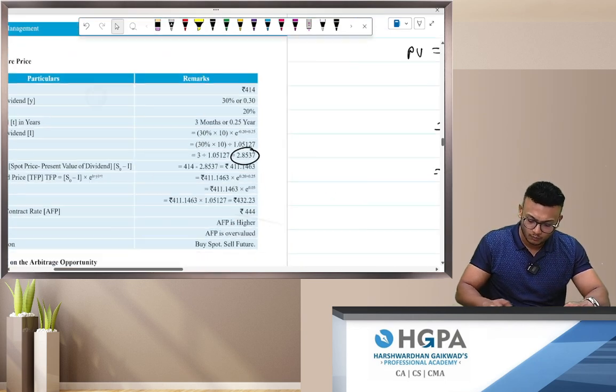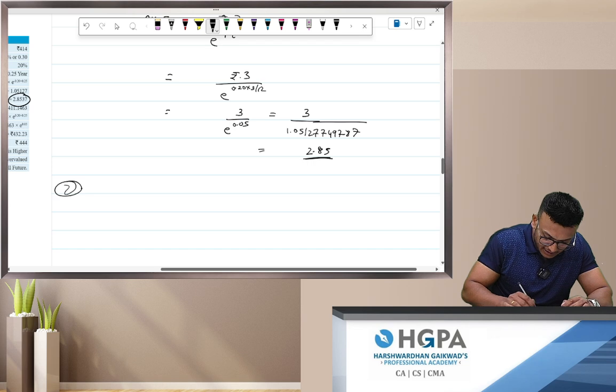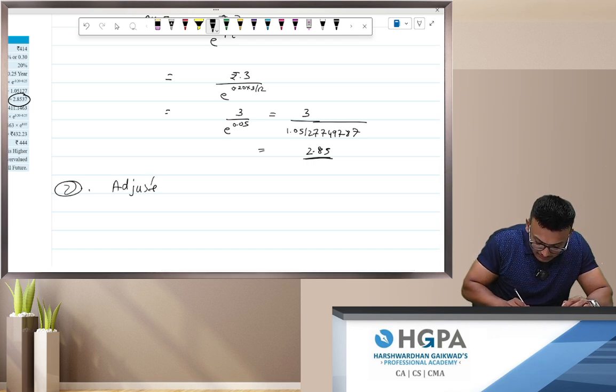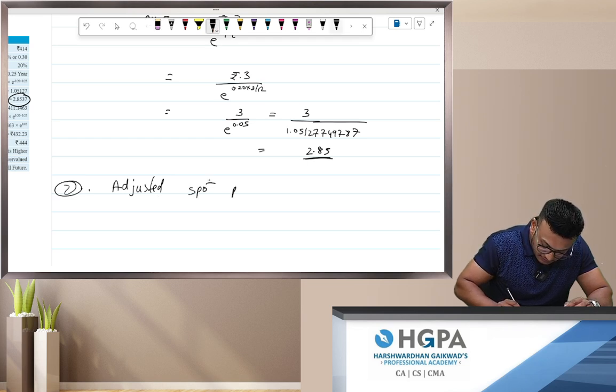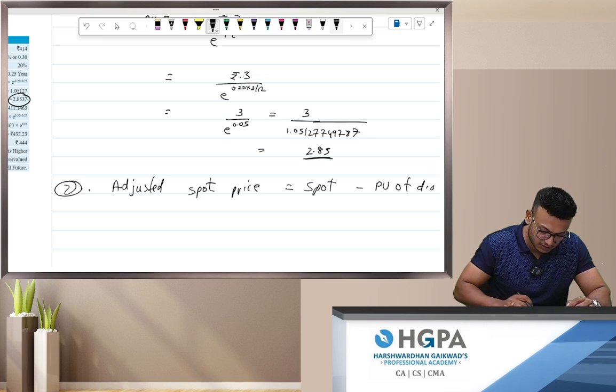Okay. Now, what is the adjusted spot price? Second, adjusted spot price. Simple: spot minus present value of dividend. How much was the spot?